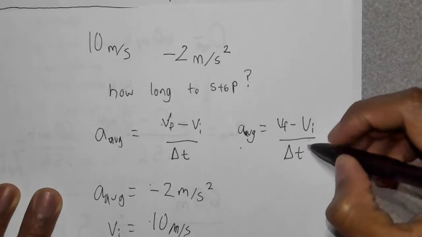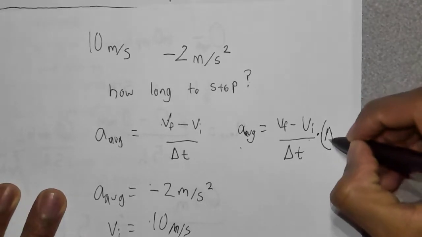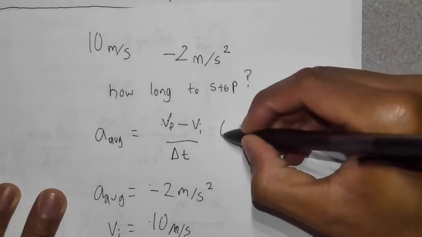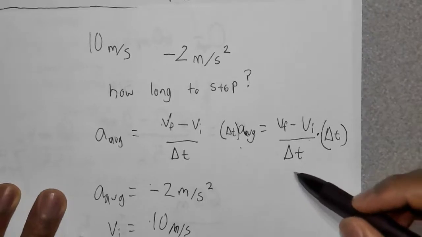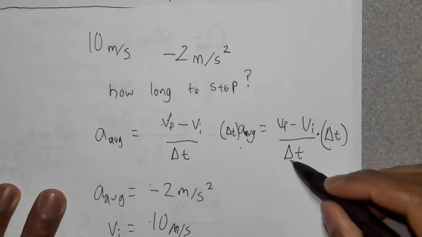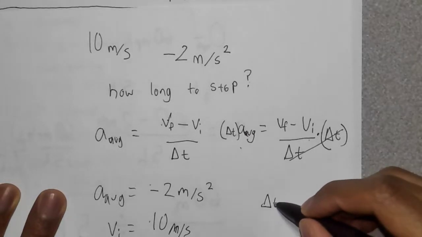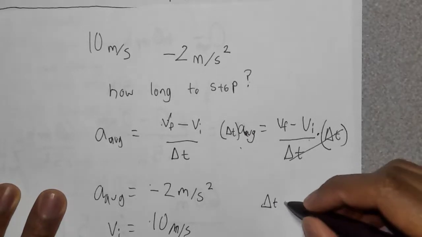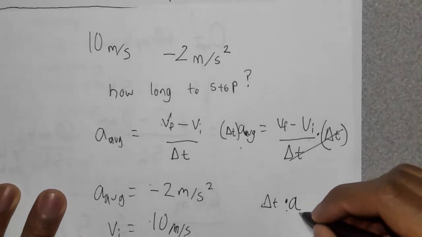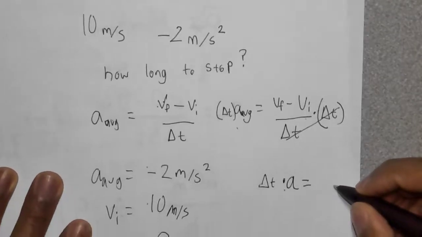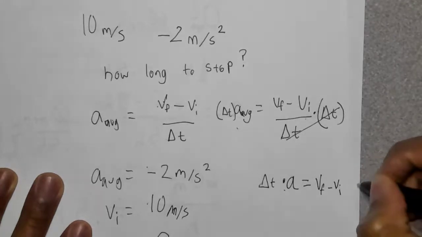The inverse operation would be multiplying by delta t. Both sides of the equation are multiplied by delta t. Now the delta t on this side crosses out. So I have delta t times average acceleration equals final velocity minus initial velocity.